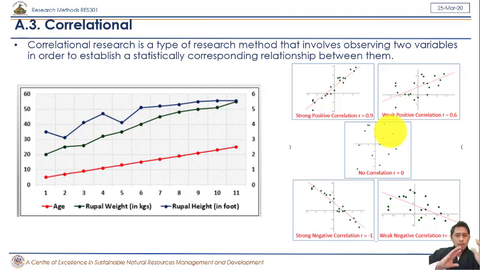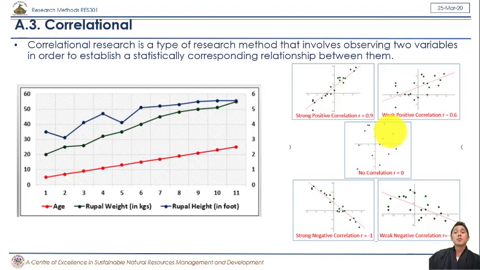And R from less than 0.8 to around 0.6, we can call a high positive correlation. And from 0.6 to 0.5 can be a moderate correlation. 0.4 to 0.3 can be a weak correlation. And from 0.3 to 0 can be a very, very weak positive correlation.